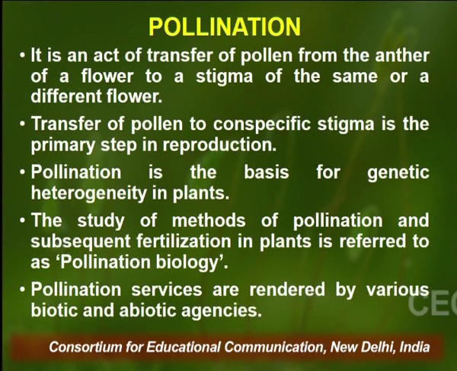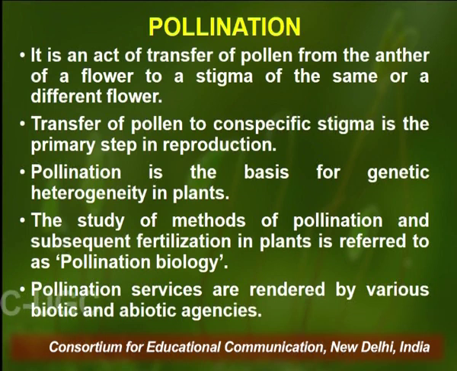This transfer of pollen from anther to the stigma is the primary step in reproduction, and it happens on a conspecific stigma. That means the stigma has to be of the same species, and the mechanism of pollination can take place by different agencies.